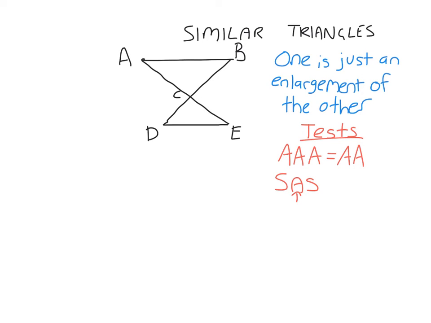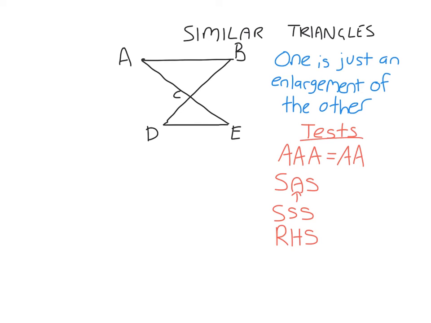If you're using SAS, it must be the angle between the two sides that are in proportion. Then we have SSS, which means all sides are in the same proportion. And RHS, if you have a right angled triangle and the hypotenuses are in proportion and another pair of sides is in proportion, they are similar. So to prove that two triangles are similar, you're always using one of these tests.